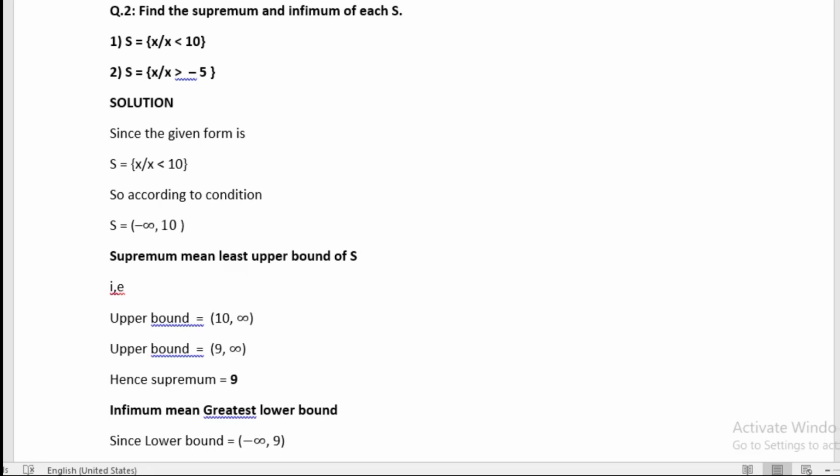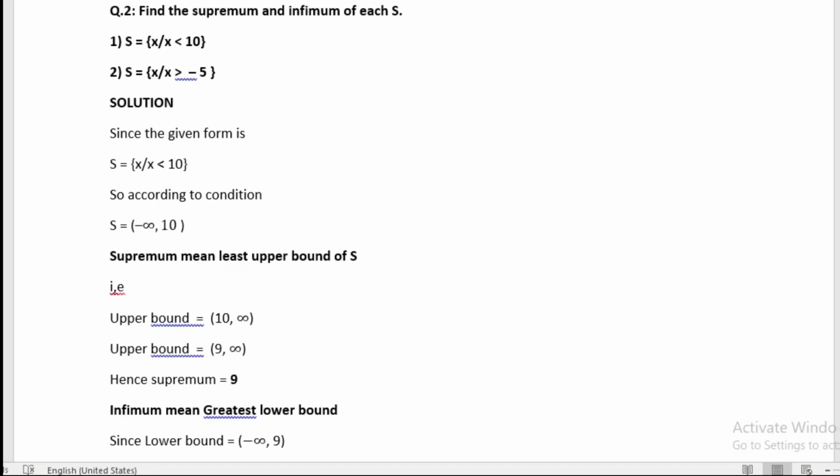Since the given form is S equal to {x such that x less than 10}, according to the condition, S is the set from minus infinity up to 10. It means x less than 10, that is infinite numbers.